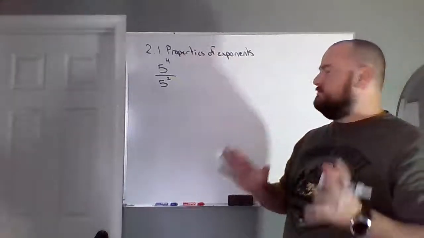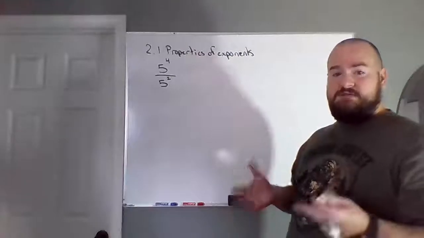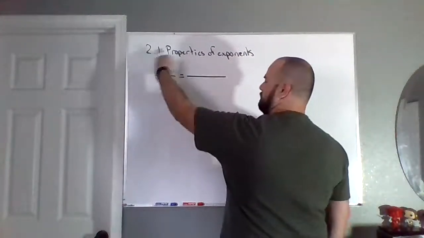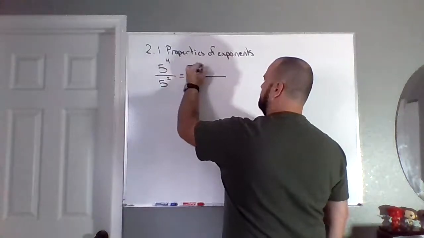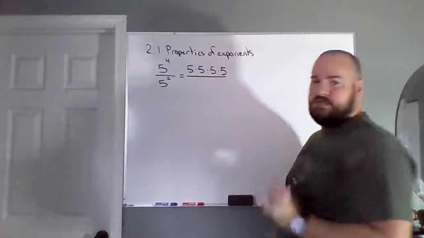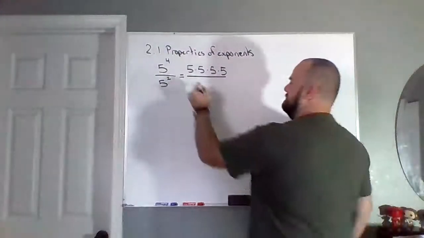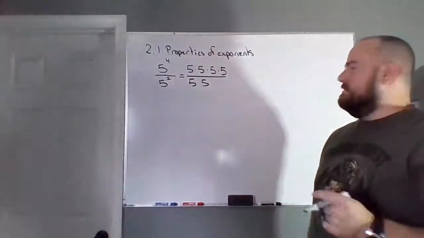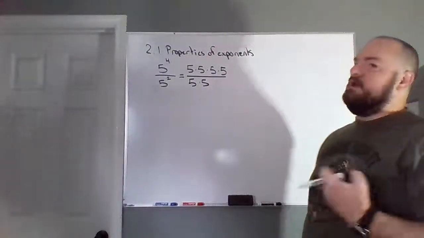So we're just going to stick with our basic definition of exponents, which says that this numerator, 5 to the 4th, becomes 5 times 5 times 5 times 5. And our denominator, 5 squared, becomes 5 times 5. Now I'm looking at this and I'm going, okay, cool, how can I simplify this?